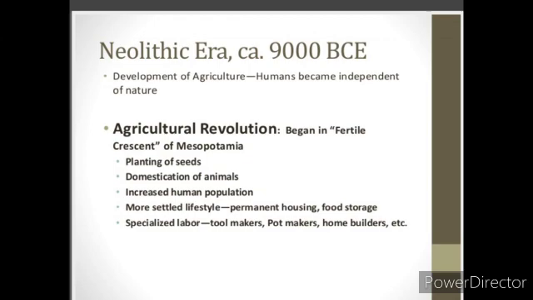Planting of seeds, domestication of animals, increased human population, more settled lifestyle, permanent housing, food storage, etc. Specialized labor: tool makers, pot makers, home builders, etc. So this was the development that took place at that time.